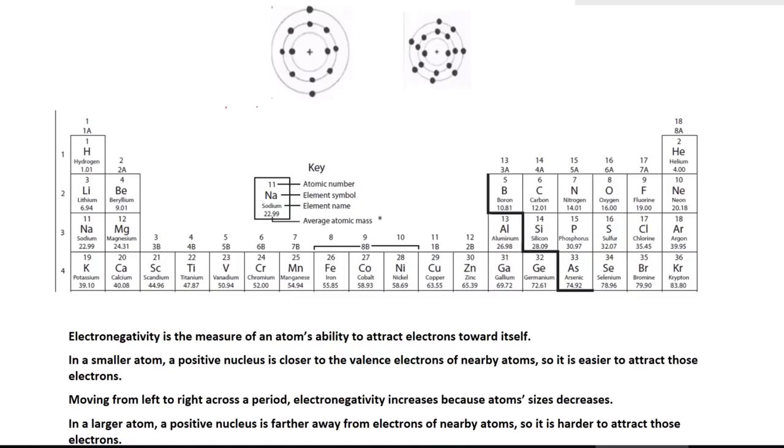In the last lessons, we learned about the atomic size of an atom. But most importantly, we learned how to use the periodic table to determine the relative size of different elements on the periodic table.